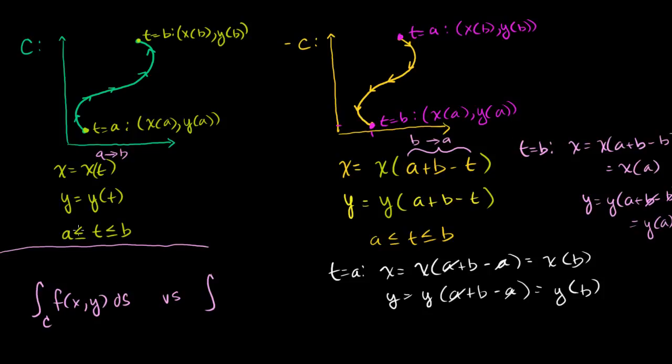So this is a line integral of a scalar field using this curve or this path. But what happens if we take a line integral over the same scalar field, but we do it over this reverse path? That's what we're going to do in the next video. And in the video after that, we'll do it for vector fields.